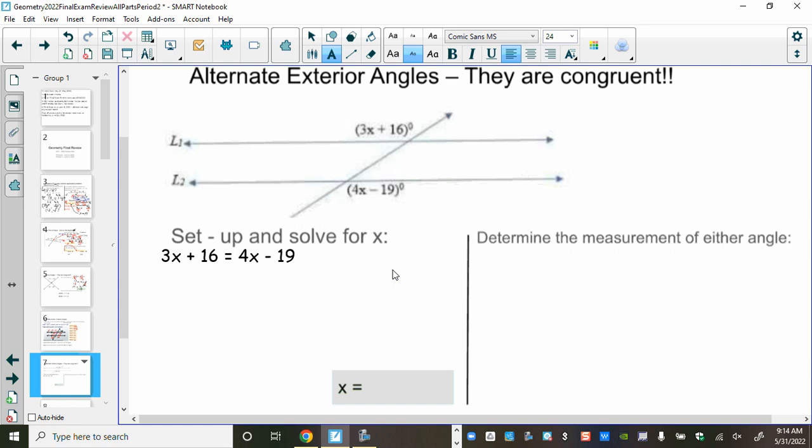You got it right. And once you get your value of X, plug it in. So just plug it into one of these guys, okay? So it's only either angle. That's perfect. Everything you did was right.